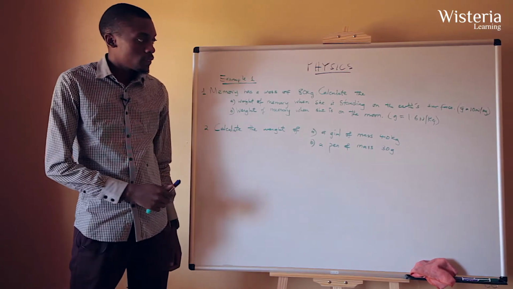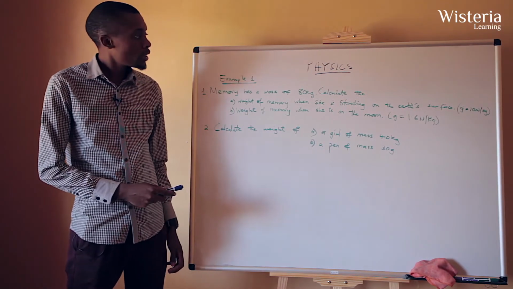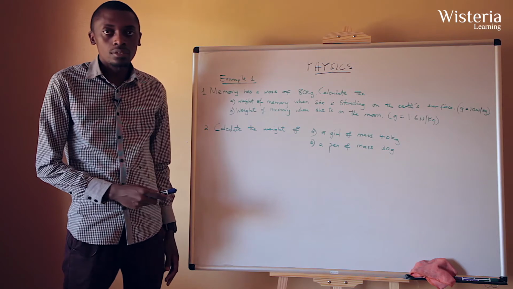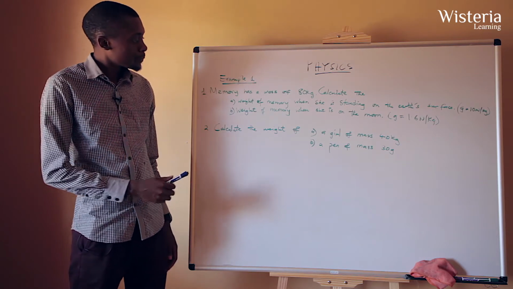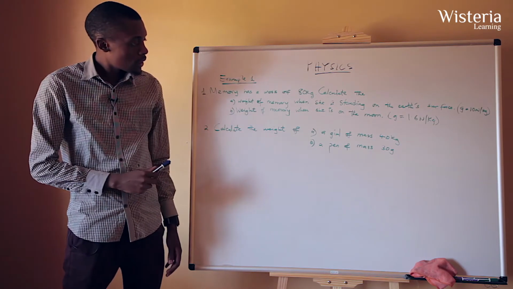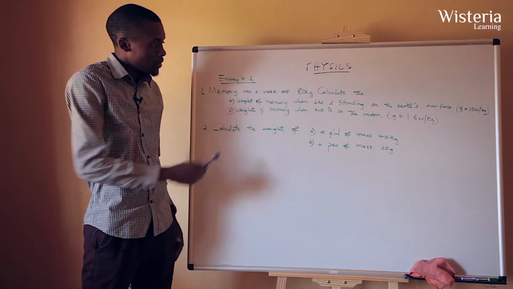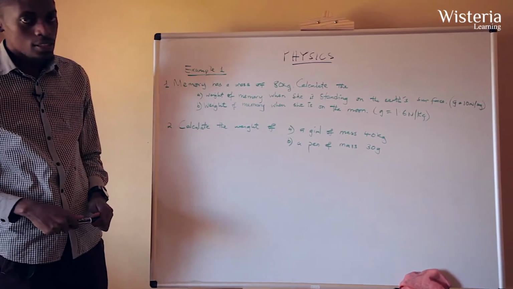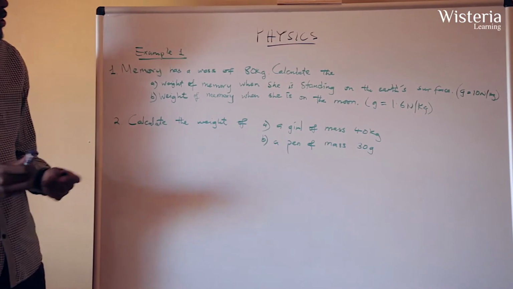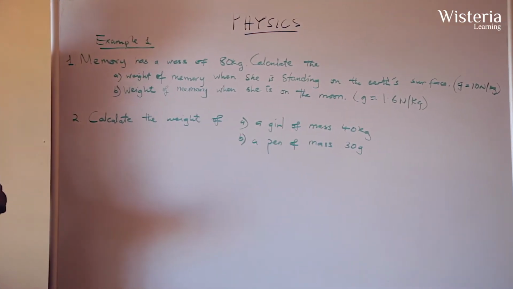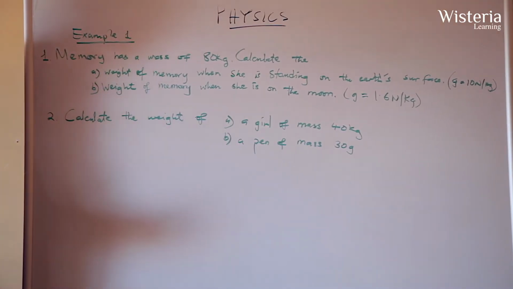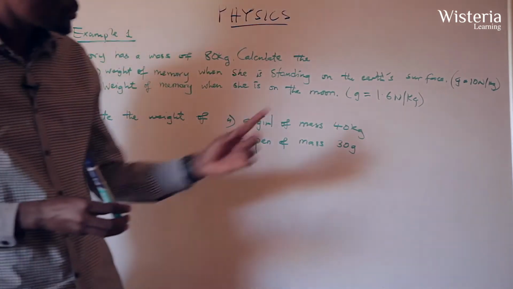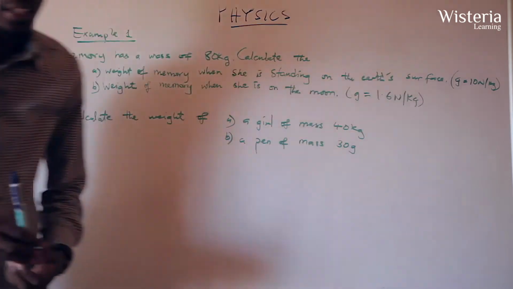Okay, so we have an example on how we can calculate the weight of an object. In the first example, we are told that Memory has a mass of 80 kg. Calculate the weight of Memory when she is standing on the Earth's surface, where the gravity acting on Memory is 10 newtons per kg.